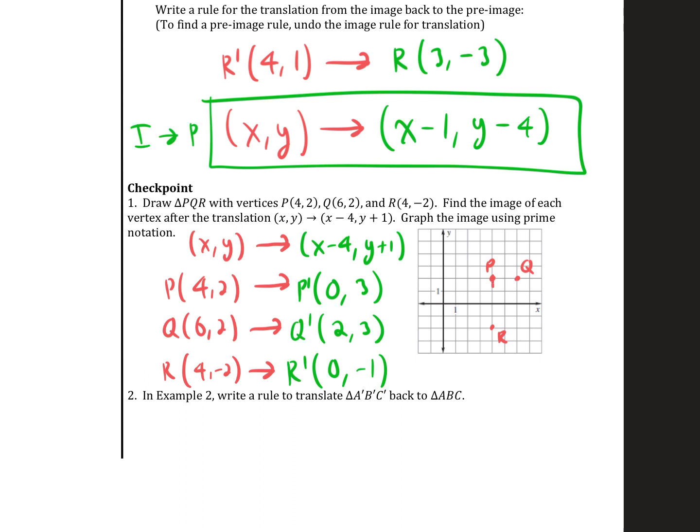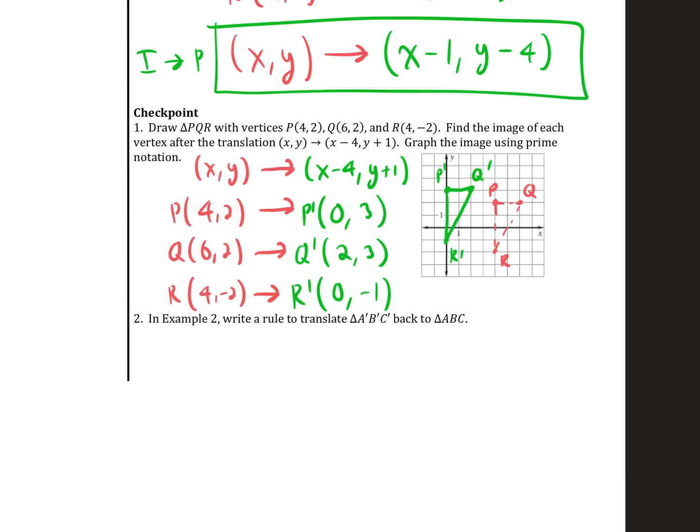That's R. And this is going to be dashed. Okay, I'm going to use dashed. All right, and then the image is 0, 3, go up 3, that's P prime. Then we have Q, right 2, up 3, that's Q prime. We have R is 0, negative 1, that's R prime. And these are going to be solid. All right, so basically the dash to the green is kind of where it goes.